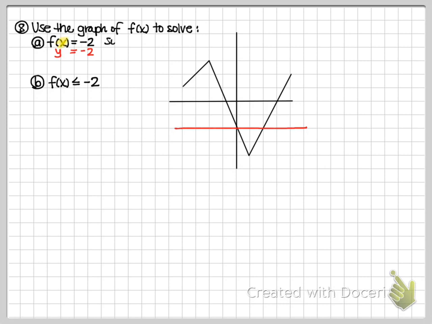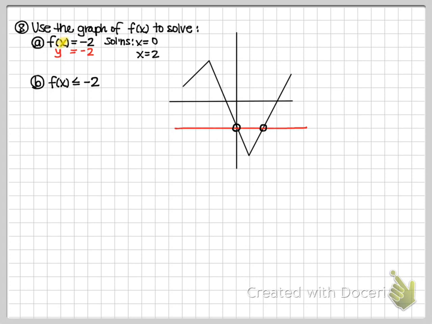So our solutions are going to be x equals. If I take a look at the graph, I want to find where the red hit the graph that was already there. So it looks like it's going to be at 0 and at 2. X's only. So x equals 0, x equals 2.